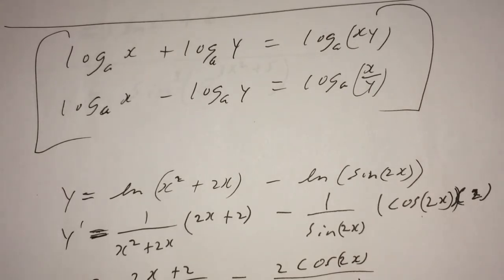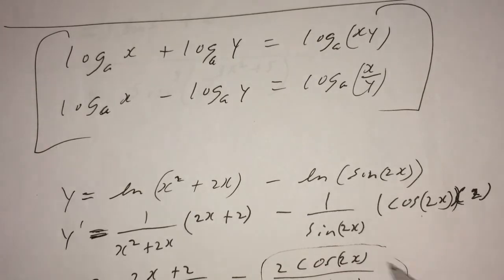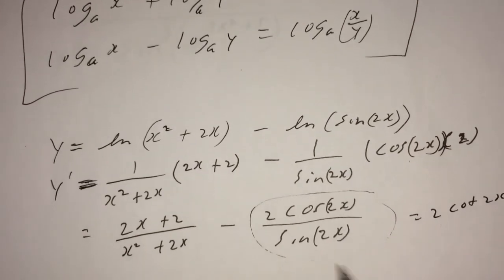You could write this as 2 cotan 2x. Okay, so you could simplify it to that.